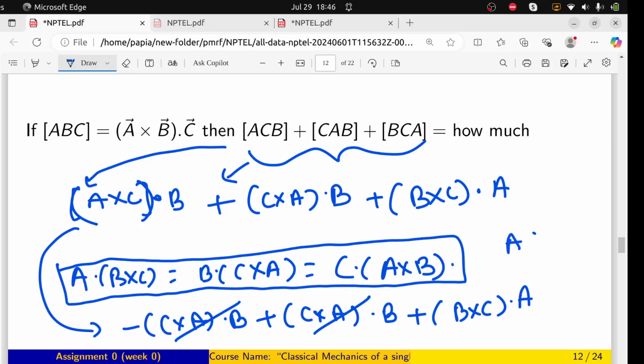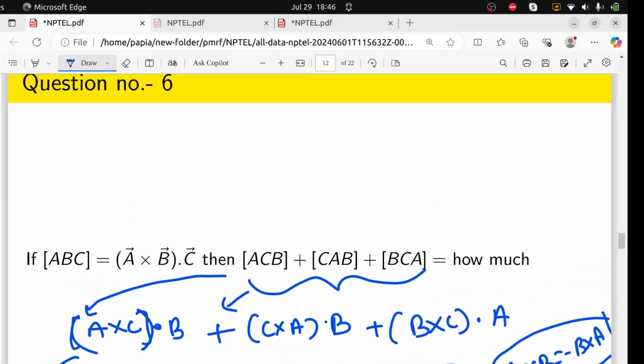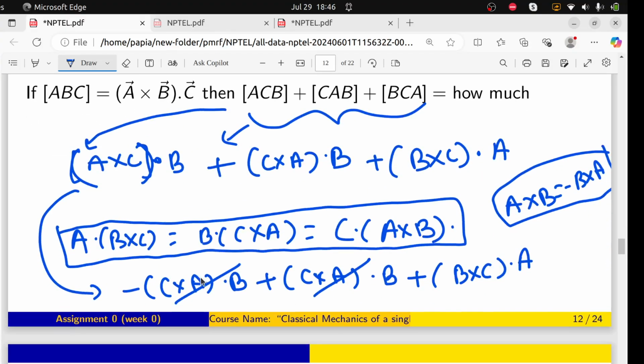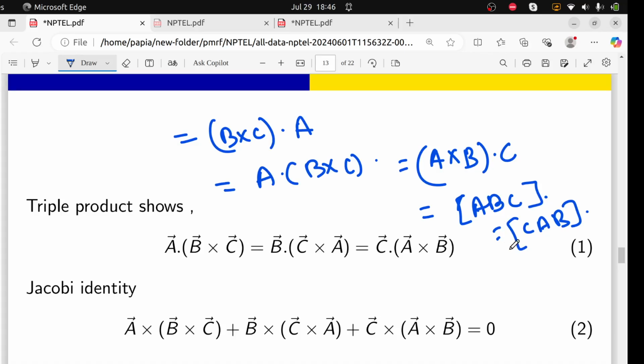And also I used this formula, that minus B cross A. That is very, very important. I just mentioned these two, and A dot B equals B dot A, that is always known to all of you. So I put all these values and I got the answer that [A, B, C] or [C, A, B].